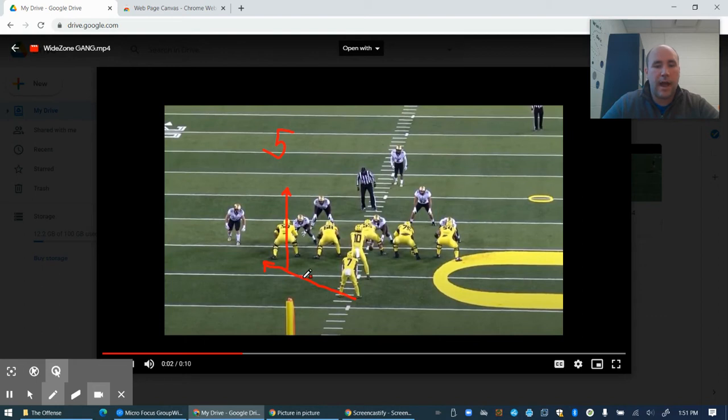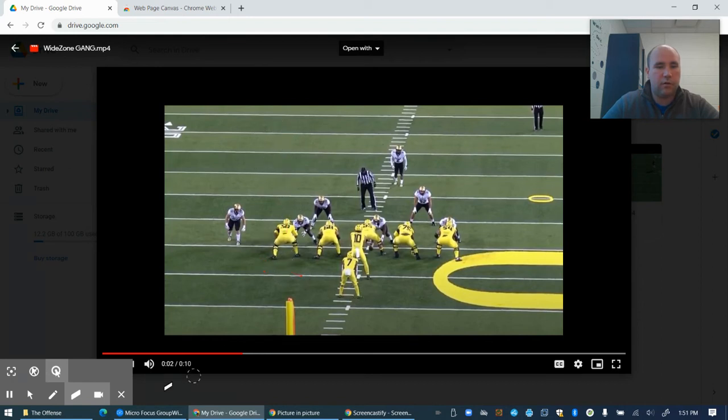We are not trying to cut back. We're trying to cut up, right? So that's the big misconception on the wide zone play. People want to talk about the cutback. Oh, what a cutback. Okay, it shouldn't be a cutback. It should be a cut up.